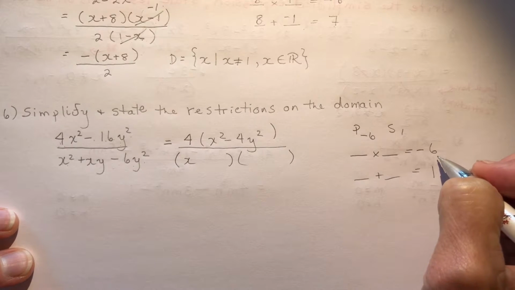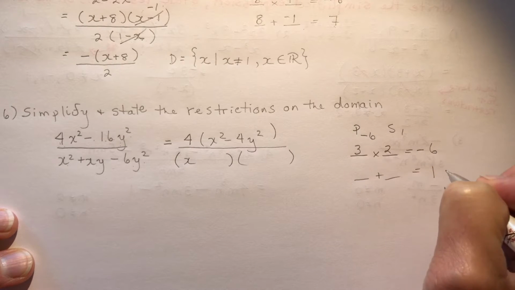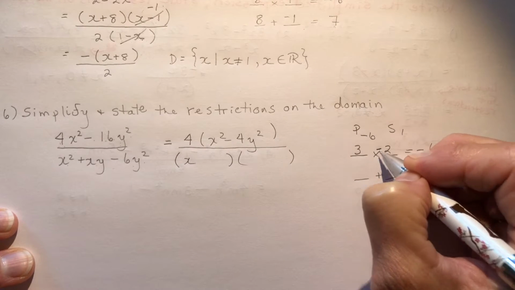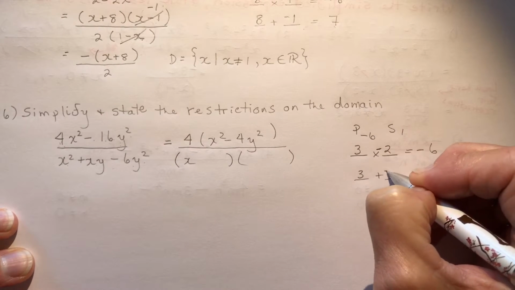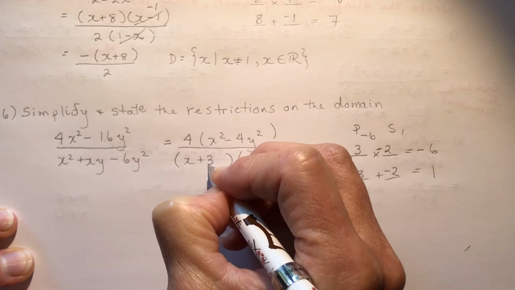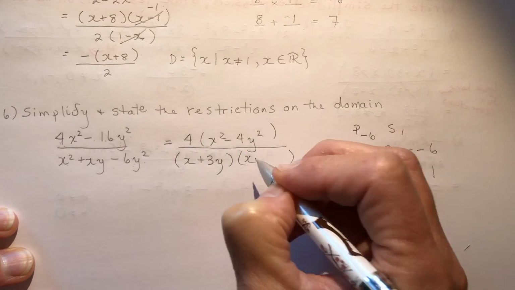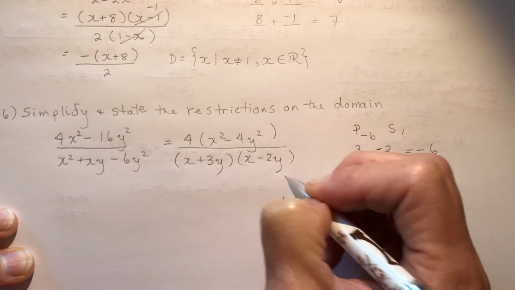You're probably guessing 3 and 2. But they have to multiply to a negative and add to a positive. So that means the 2 must be negative. So I have x plus 3y and x minus 2y.